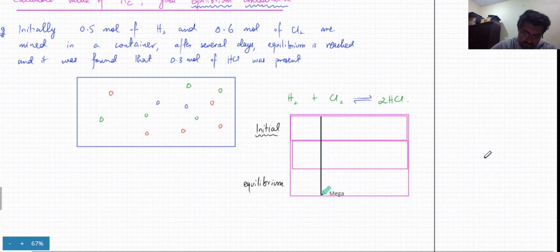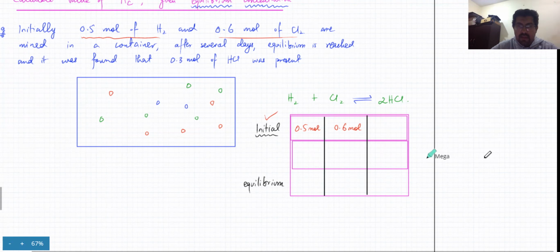So first, we're going to focus on the initial moles. Right at the beginning, what did the question state? The question stated that you had 0.5 moles of H2 and you had 0.6 moles of Cl2. And how much HCl did he add?